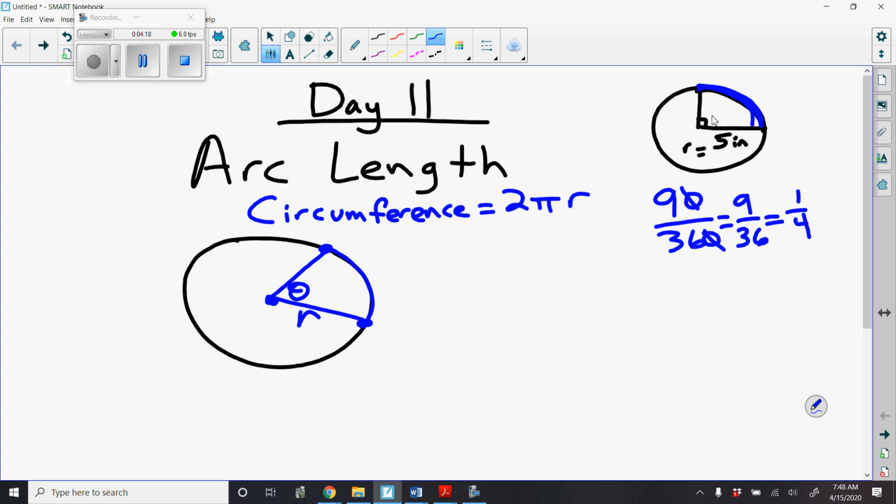Okay, so we get the fraction that we multiply by the circumference by taking our central angle and dividing it by 360. So here comes our formula, right?